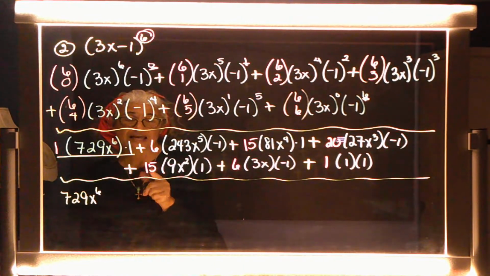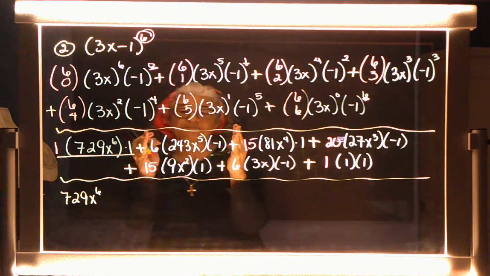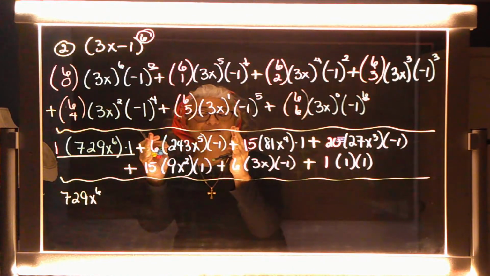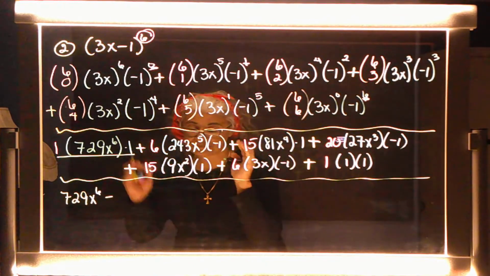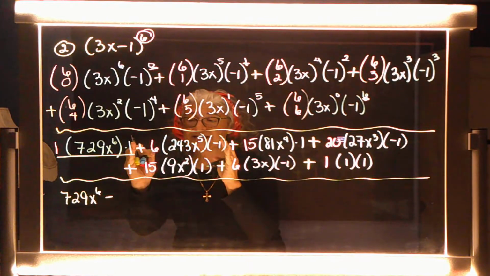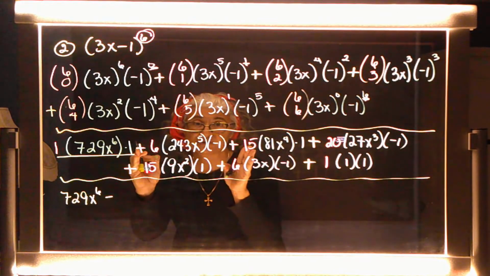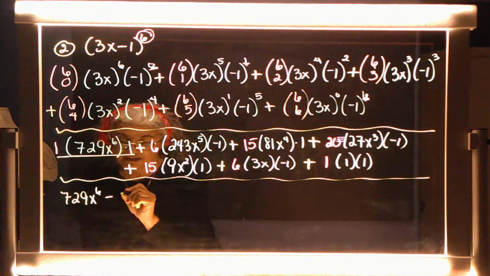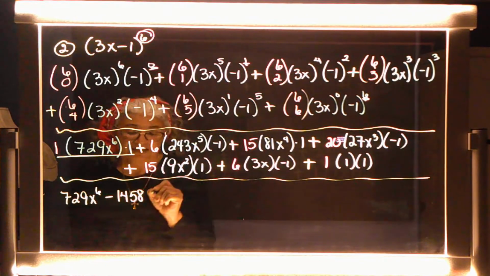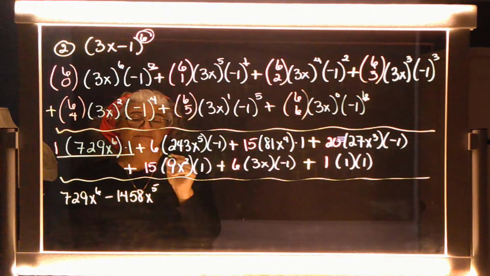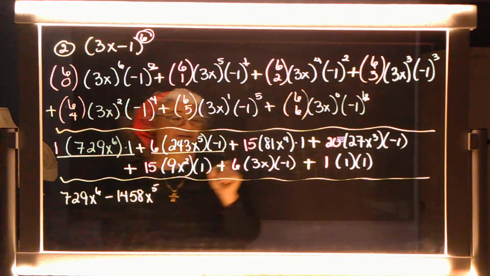And then we've got to do this next term, which is 6 times that parenthesis times a negative 1. So you know that second term is going to be negative. Agreed? And that's going to be a negative what? What's 6 times 243? Good. I heard you because some of you are already on your calculators. 1,458 x to the power of 5. That was that one. Okay, next one.